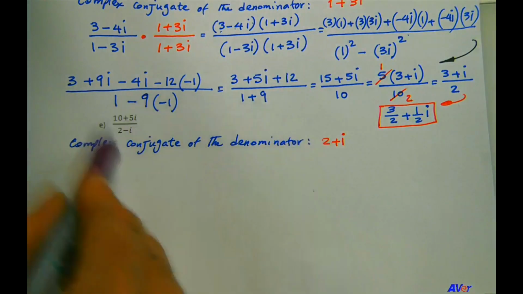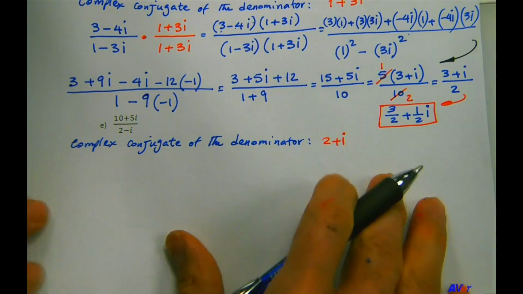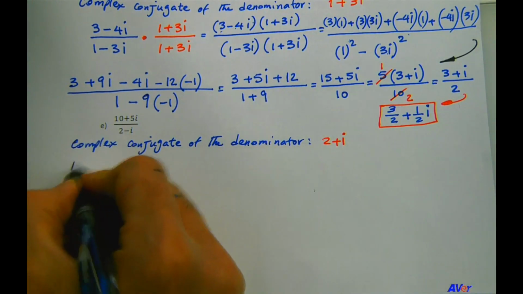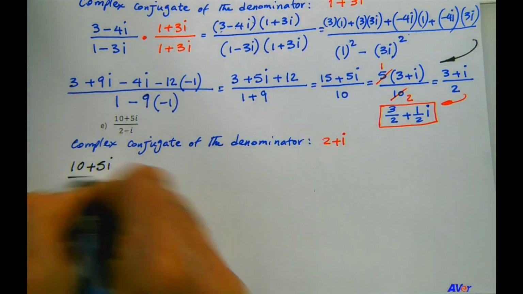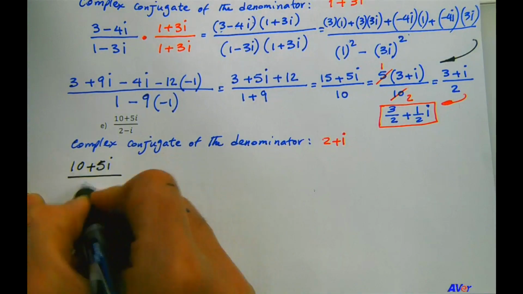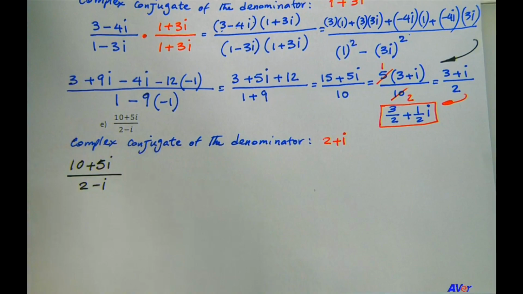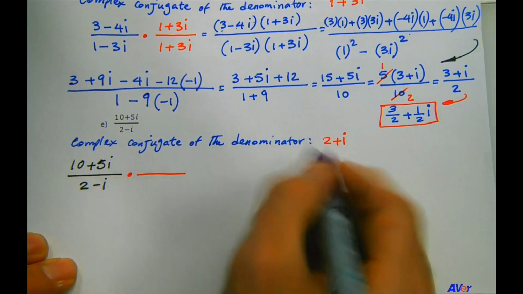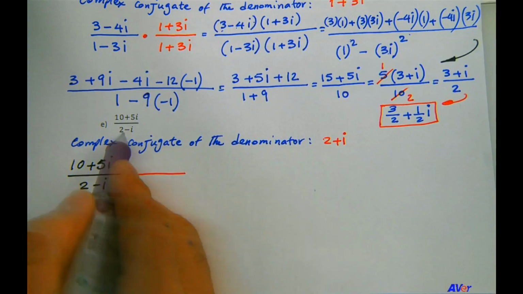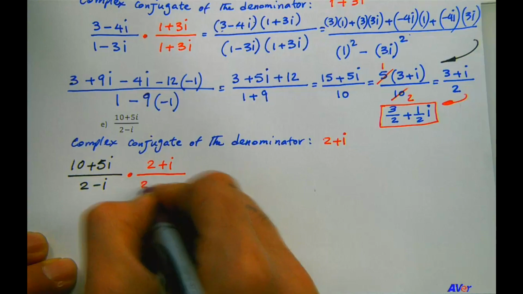We need that in order to rationalize the denominator of this complex number. Okay, so let's do that. So we have 10 plus 5i over 2 minus i, right? Multiplied by this fraction, multiplied by the complex conjugate of the denominator. So 2 plus i over 2 plus i.